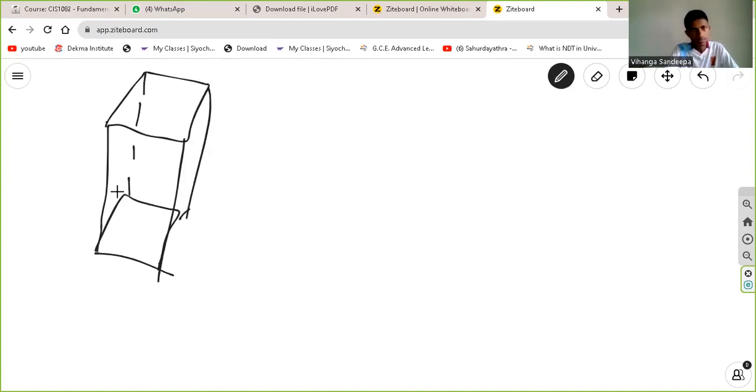Height is 1 meter. Side of the square is 25 centimeter. It is given that the base is a square.